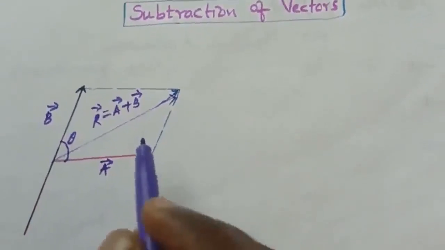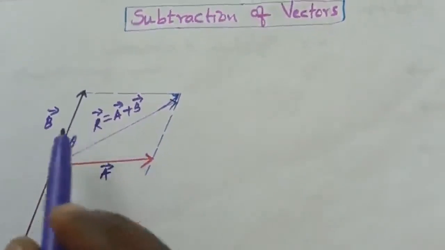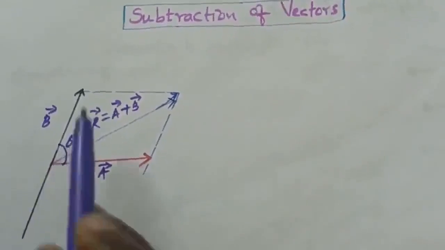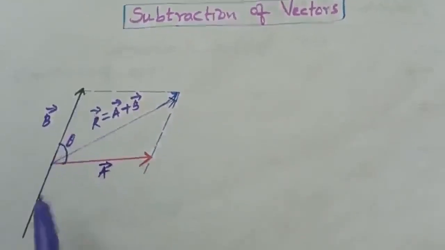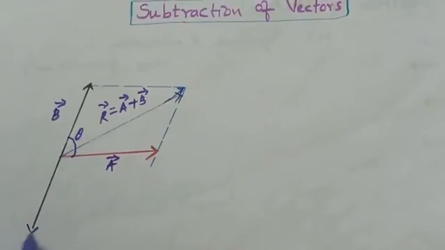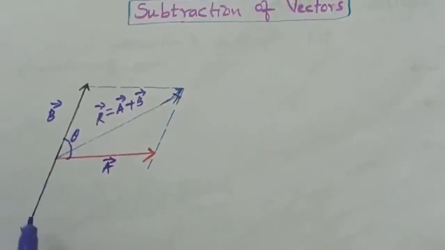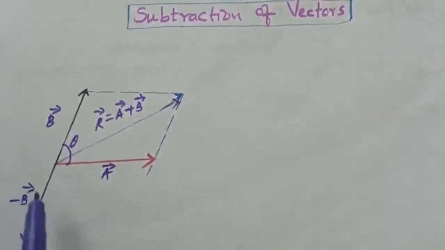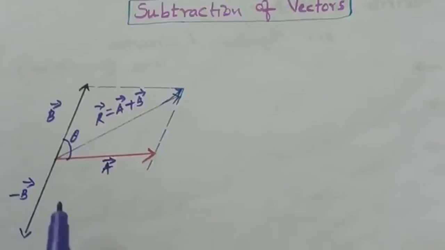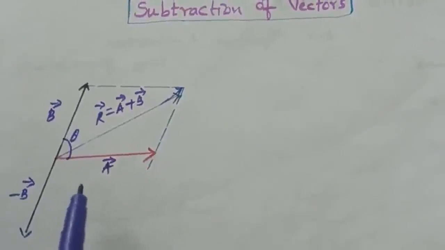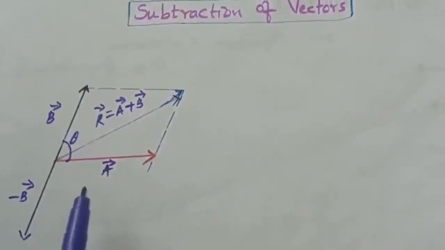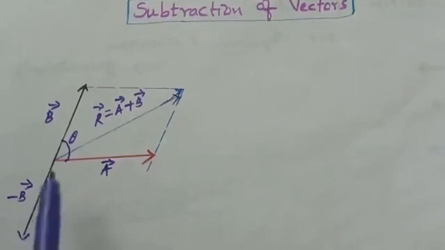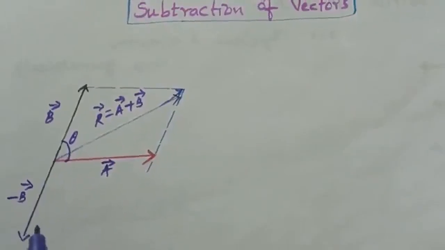Okay, now come to the point. The difference, A vector minus B vector: A is along the positive direction, and B is taken in the opposite direction, the negative y direction. This is nothing but minus B vector. Now calculate the angle between the A vector in the positive direction and the minus B vector. What is the angle?